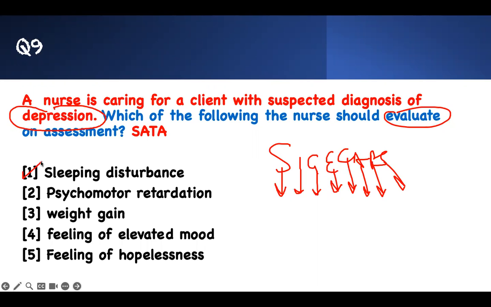So they have sleeping problem, psychomotor agitation, weight gain, feeling of elevated mood? Their mood doesn't go up. Okay, this is mood going down. And a feeling of what? Hopelessness. 1, 2, 3, and 5 are your right answers. SIGECAPS is the key for this question.